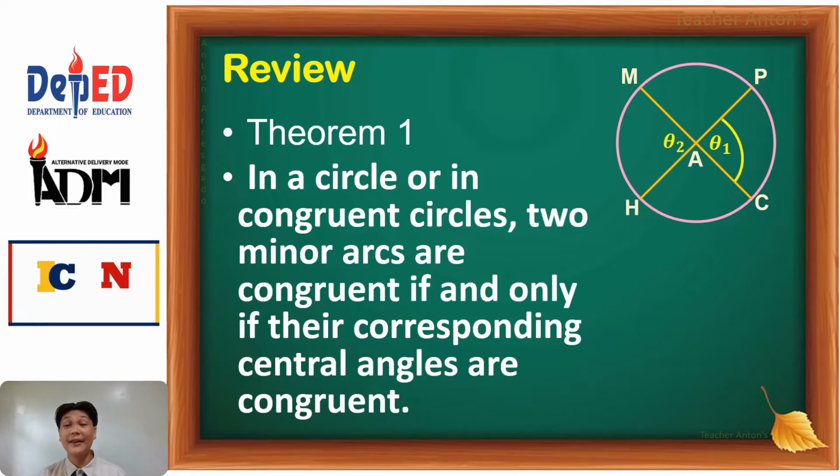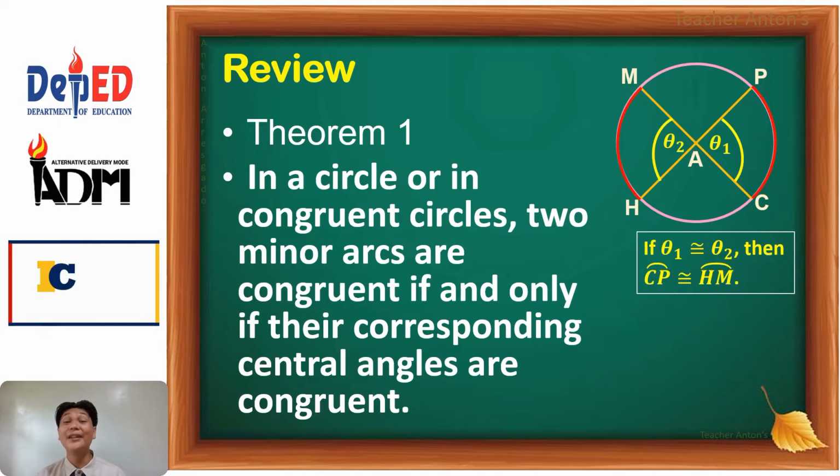Also, the central angle MAH has a measure of theta 2. And the corresponding intercepted arcs are PC and MH. Now, if the central angles PAC and MAH are congruent, then the arcs CP and HM are also congruent. That's what the theorem is talking about.